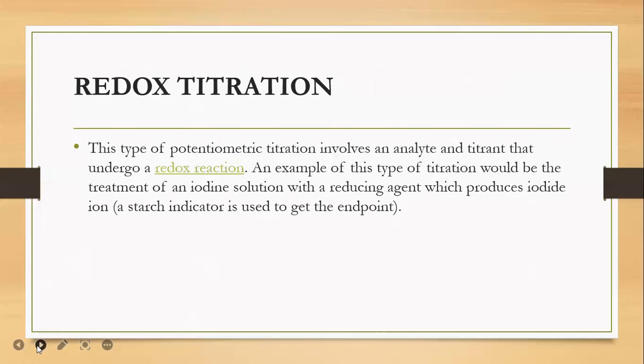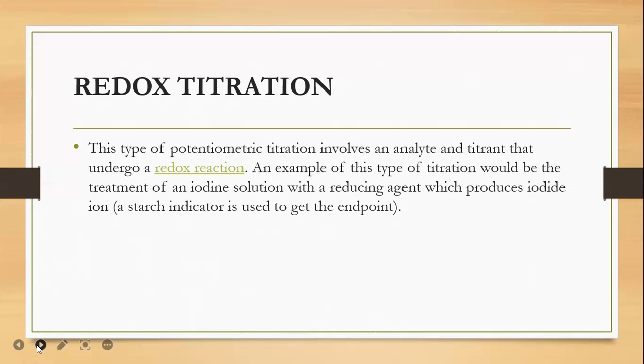Next, we have the redox titration. This type of potentiometric titration involves an analyte and titrant that undergo a redox reaction. An example of this type of titration would be the treatment of an iodine solution with a reducing agent, which produces iodide ions. A starch indicator is used to get the endpoint.